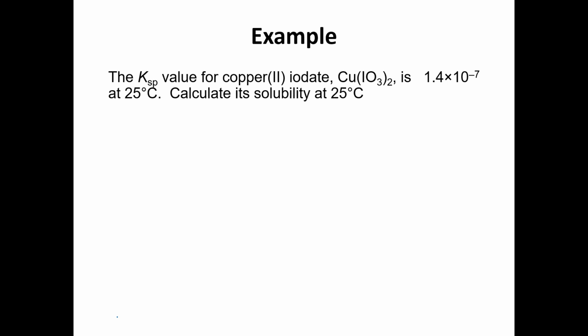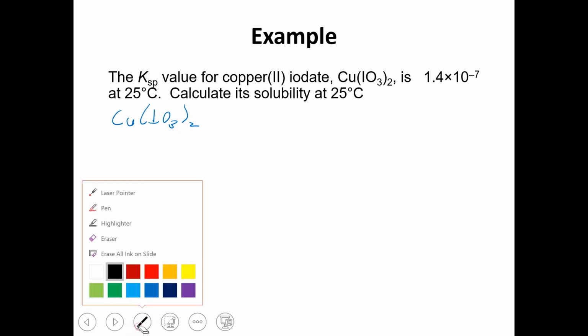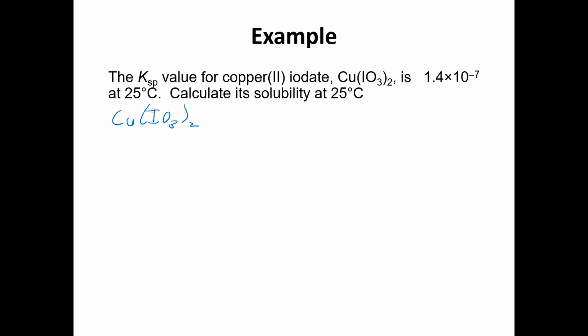So if we write the equilibrium expression for this, Cu(IO3)2. Iodate has a negative charge and there are 2 of them, which means that copper has a 2 positive charge on it. So we're going to have copper 2 positive plus 2 of the iodate ions in solution.